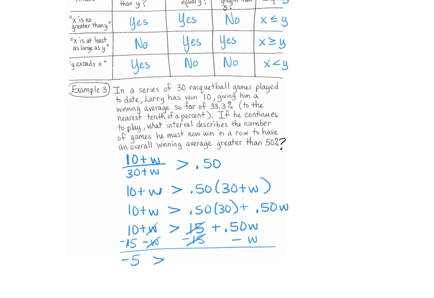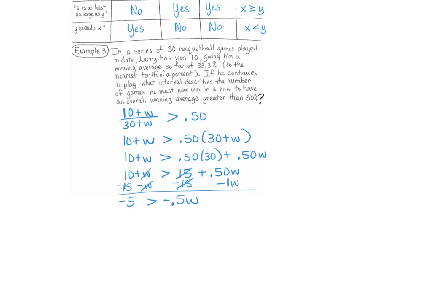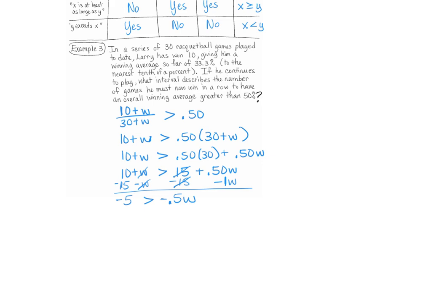So that means negative 5 is greater than, then we have an understood negative 1, so negative 1 plus 0.50 is negative 0.50, so negative 0.5 W.